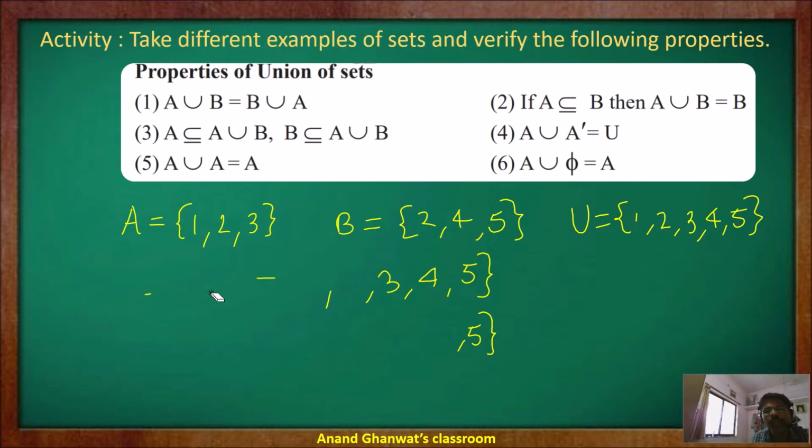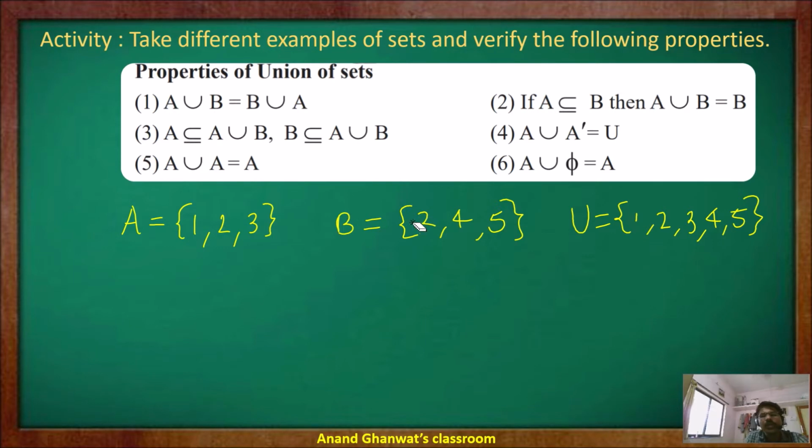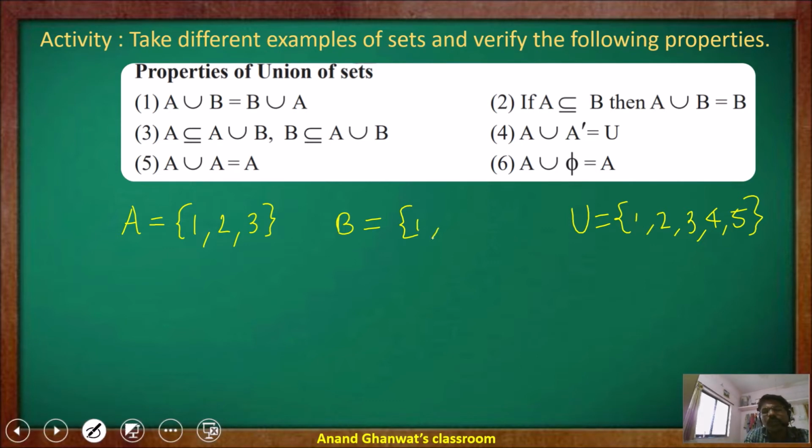If A is a subset of B, we have to change set B so that A is a subset of B. So 1, 2, 3, 4.